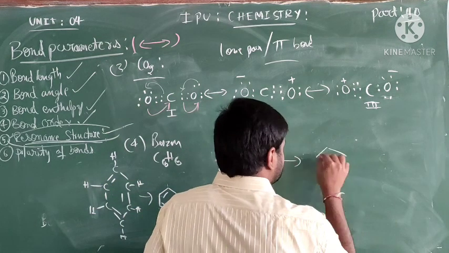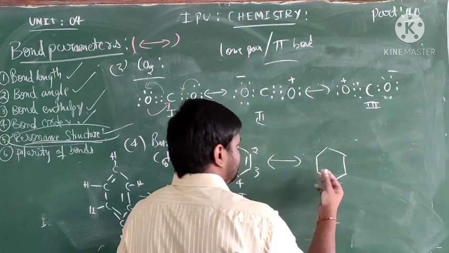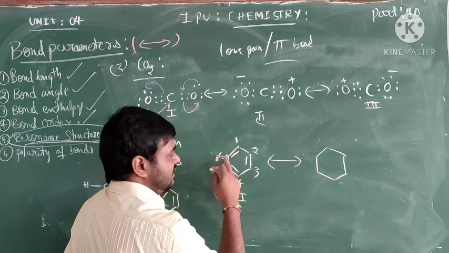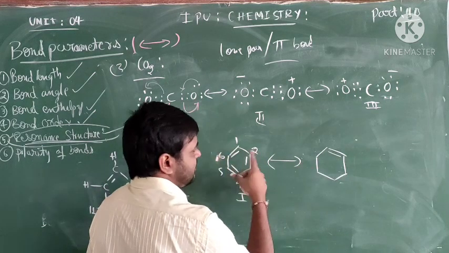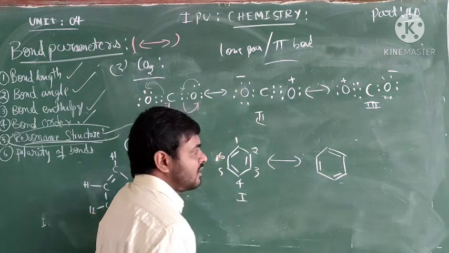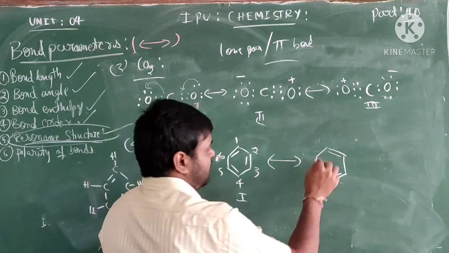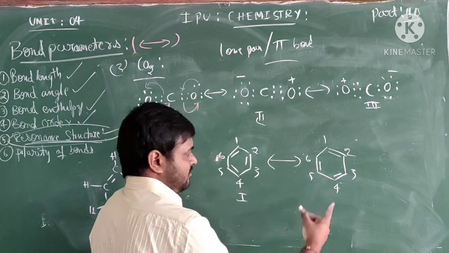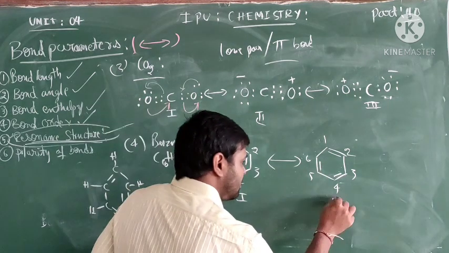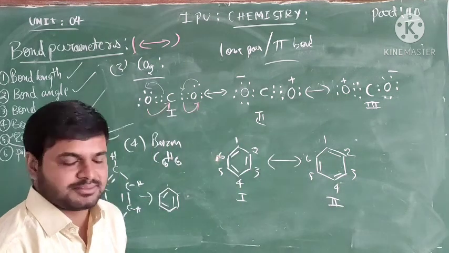So second one, same benzene. So in this the double bond is right here. Okay. So C is 1, 2, 3, 4, 5, 6. So both are the canonical forms.